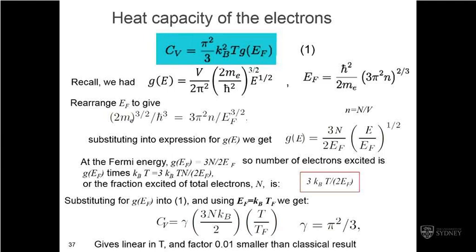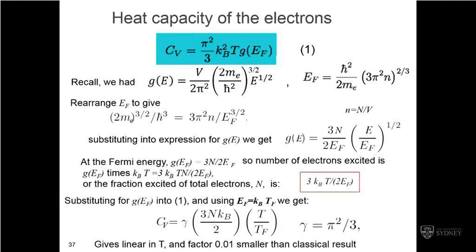So if you want to figure out the number of electrons that are excited, remember that's what we wanted to figure out, we just now multiply this function, g of E_F, by kBT, because that's that rectangle I'm talking about. kBT was just along the horizontal, and the vertical part of the rectangle was just the density of states at the Fermi energy.